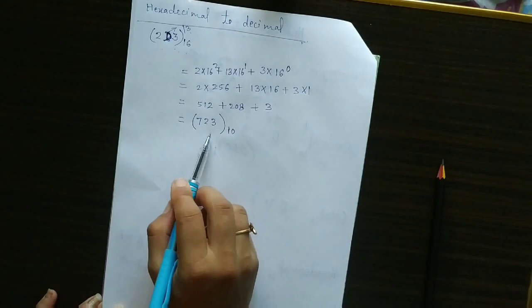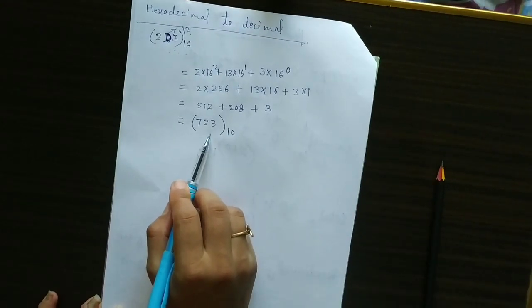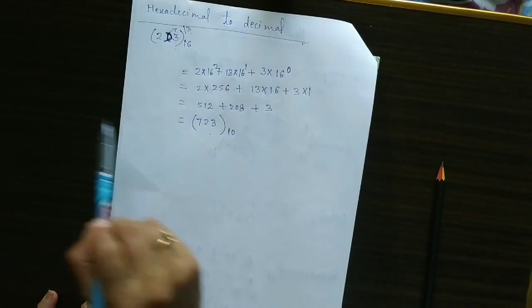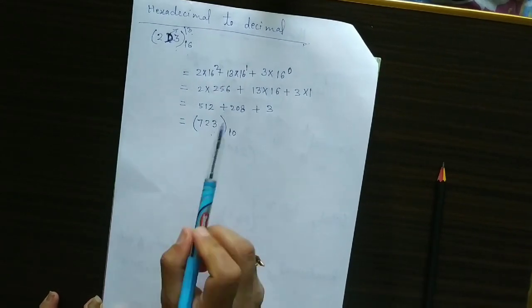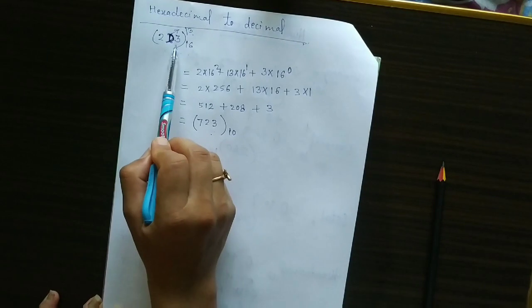This is converted to decimal. 723 is the decimal of 2d3.